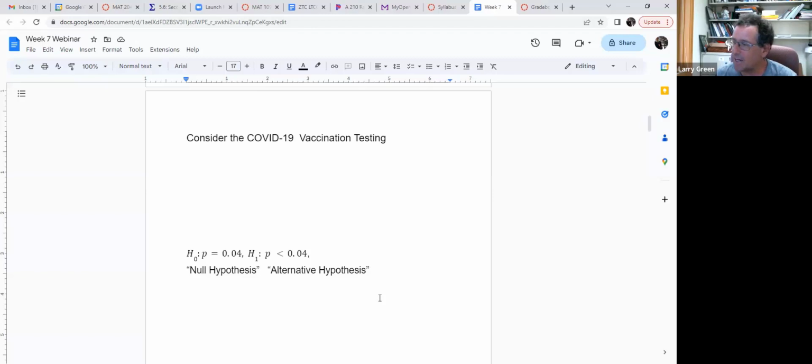And what they found out was 4%. 4% of just general people get COVID. Okay, that is called the null hypothesis. And the way you write it is H. H stands for the word hypothesis. And then you put a little 0 as a subscript.